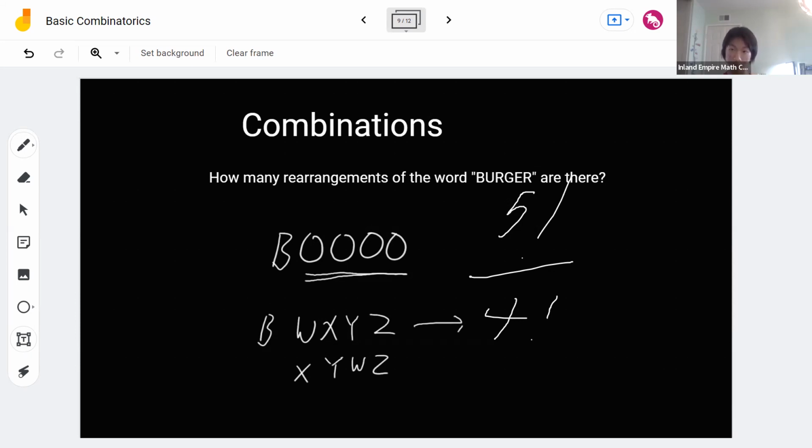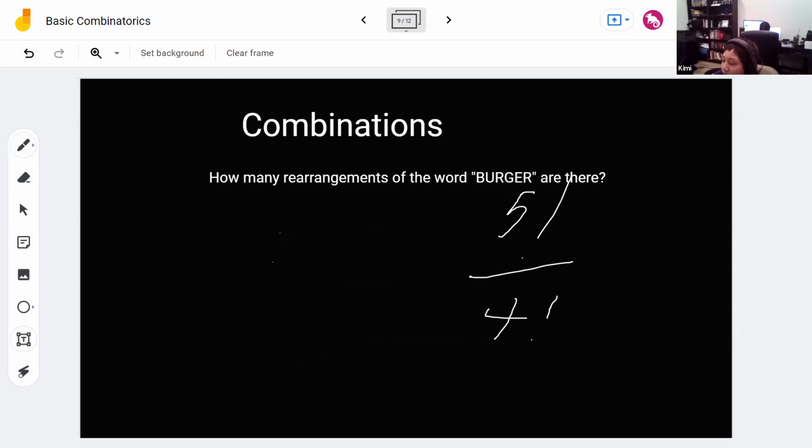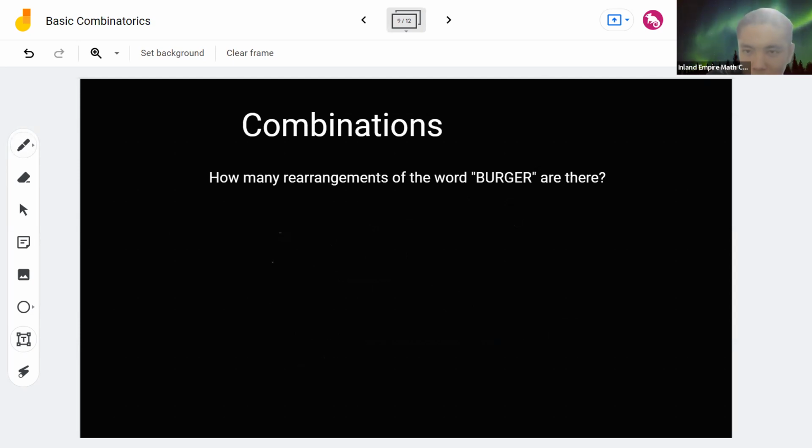Oh. So is it 4 factorial divided by 4 factorial? That's right. If there was only one type of letter, like a word with 4 O's, then no matter how you arrange it, it would always look the same, right? So you will only have one arrangement. Oh. All right. Why don't we go on to the next example?